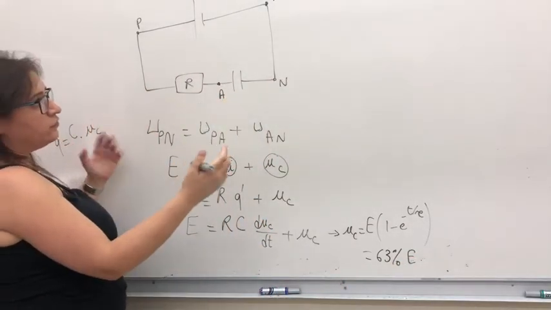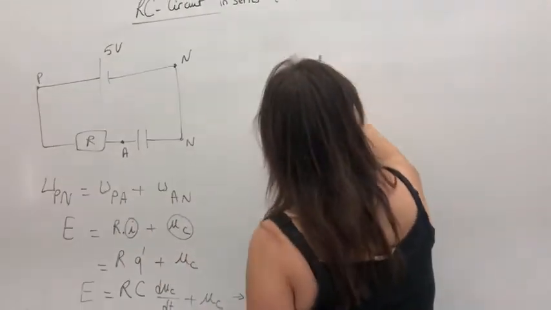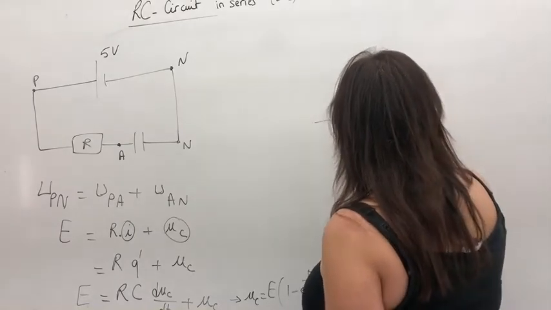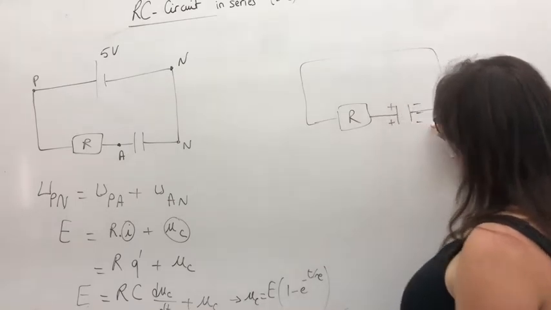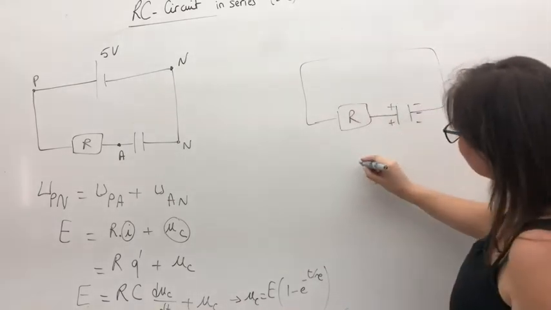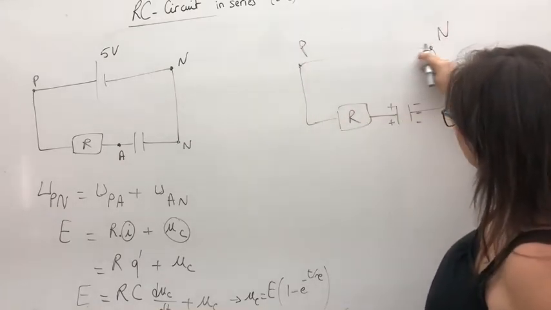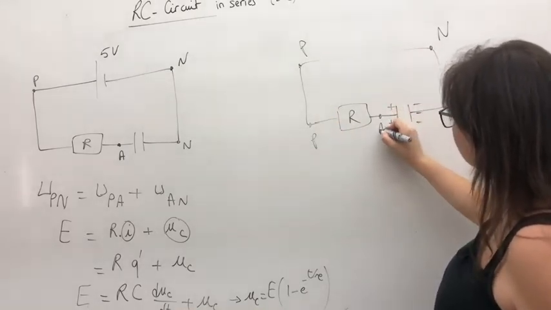And when you discharge, again you remove the battery, so you have as if a resistor and a capacitor alone. Once it is charged, now it will discharge its energy in the resistor. So UPN becomes zero because the battery is gone and you put the connecting wire.